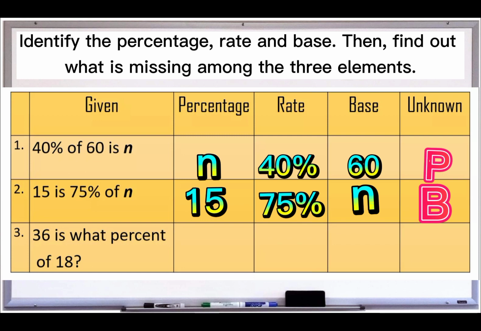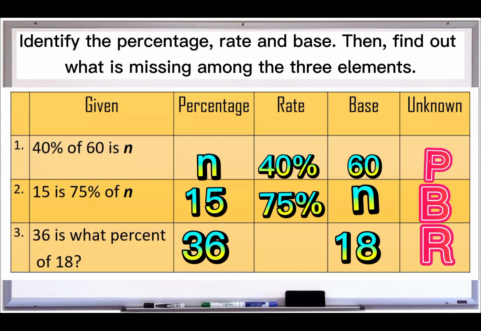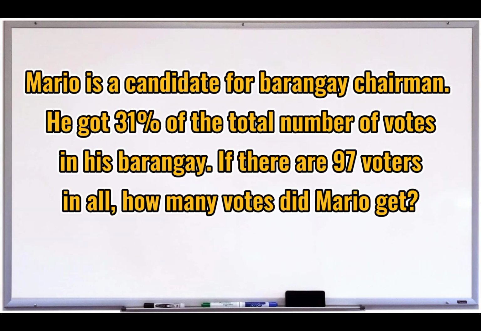Number 3, 36 is what percent of 18? 36 is what we call as the percentage. Correct. How about 18? 18 is the base. Correct. So, what is the missing element in our problem? Yes, rate.